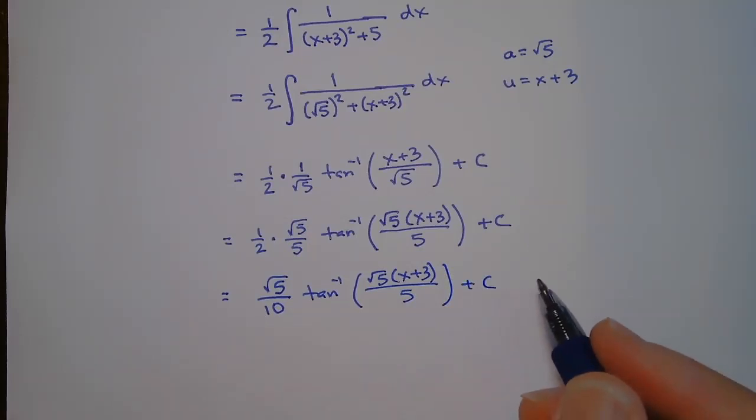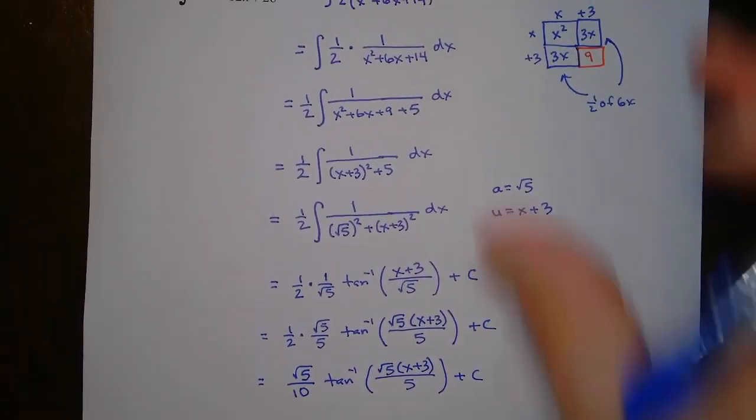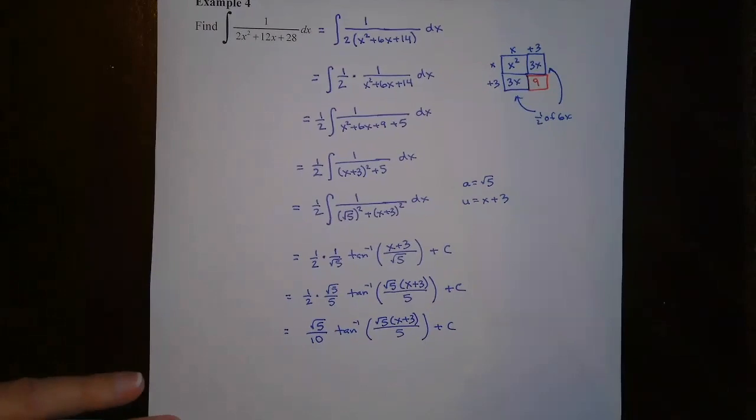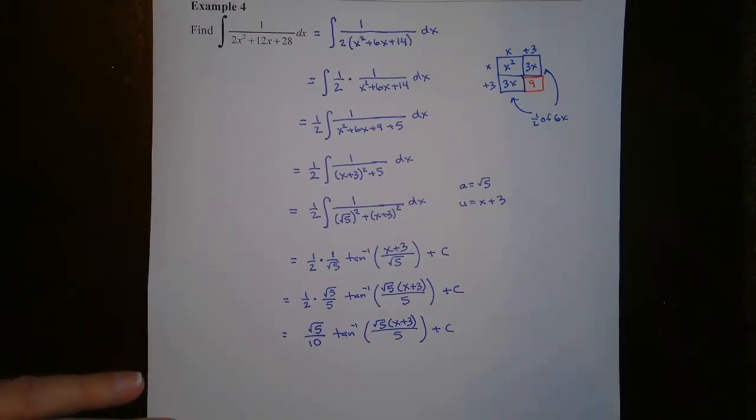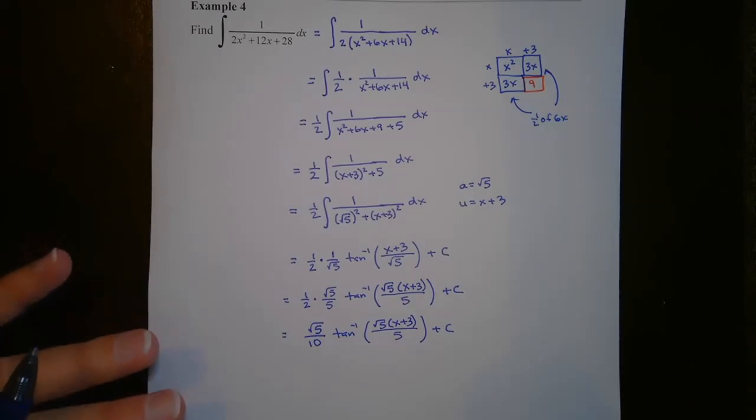And that's the integral of 1 over 2x squared plus 12x plus 28, which becomes the square root of 5 over 10 tan inverse of the square root of 5 times quantity x plus 3 over 5 plus c.